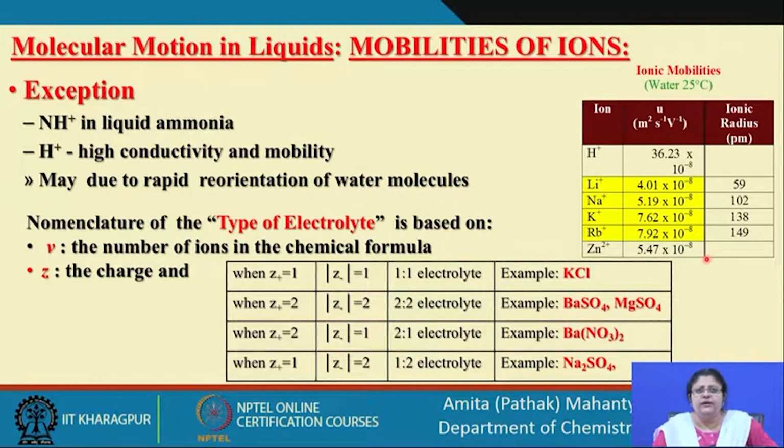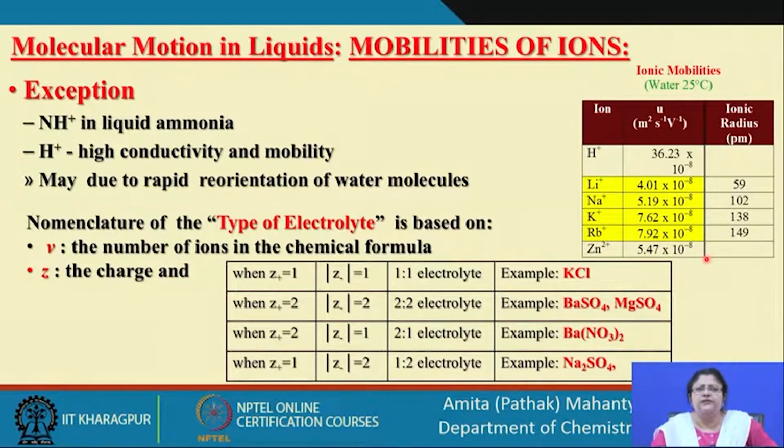When you have a species which gives rise to an electrolyte with a charge number Z and nu as the number of ions in the chemical formula unit of that species, nu and Z decide the type of electrolyte we have.